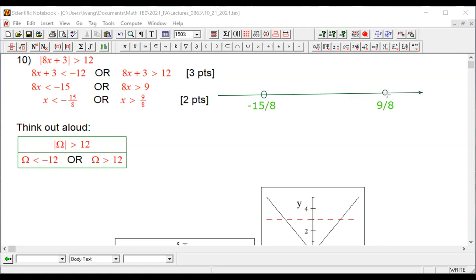Less than means on this piece, greater than means on that piece.